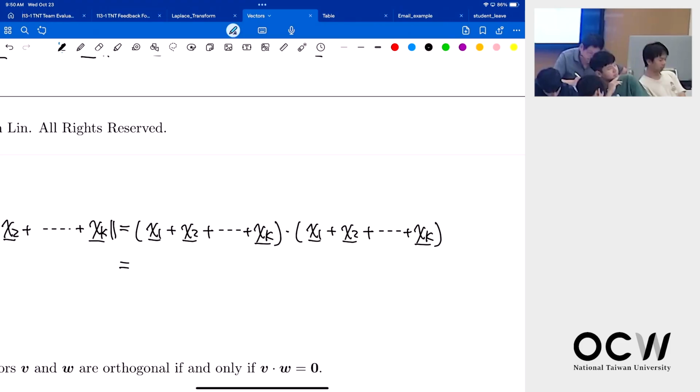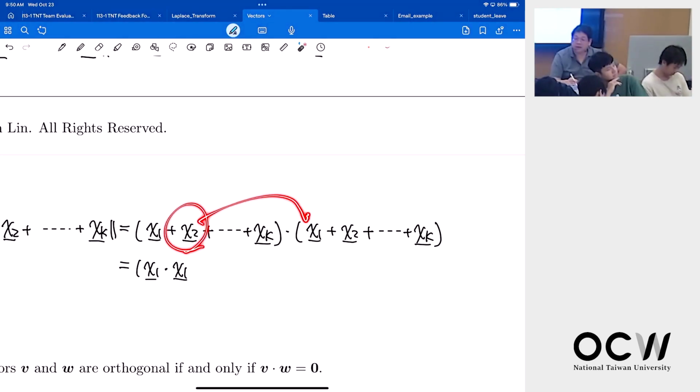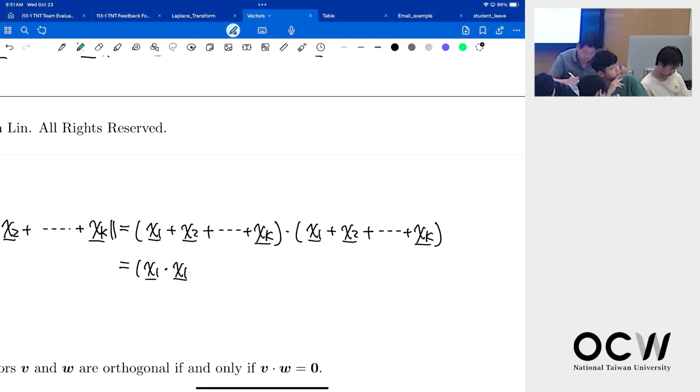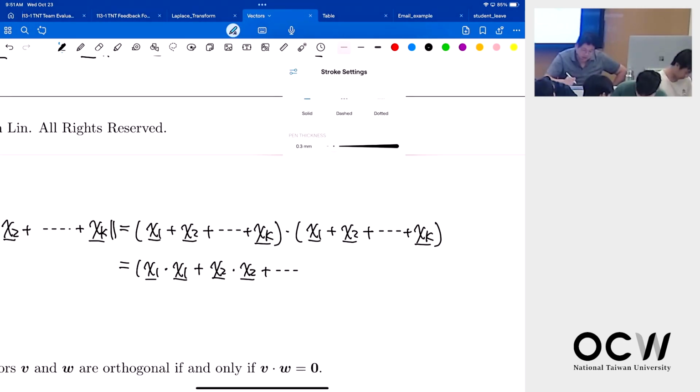So I have x1 dot x1. Similarly, x2 dot x1, 0, because they are orthogonal. x2 with x2, we keep it. x2, x3, 0. Others will all be 0. So I have x2 dot product x2, and then similarly till xk.